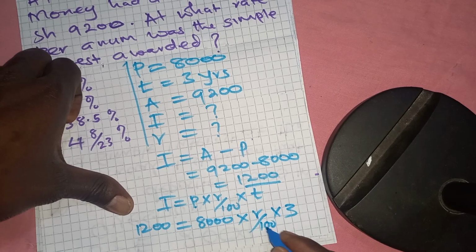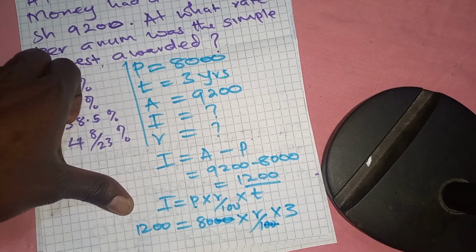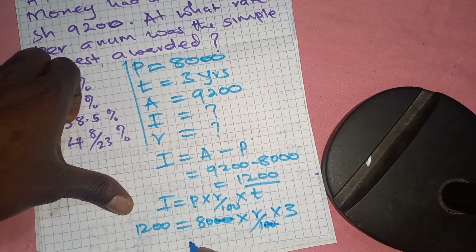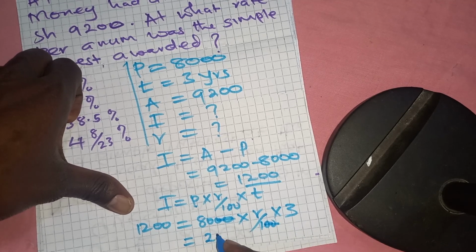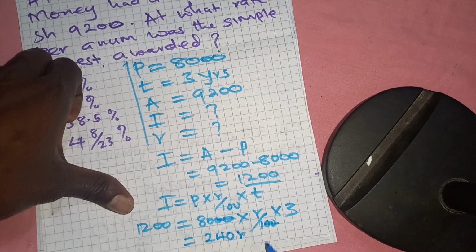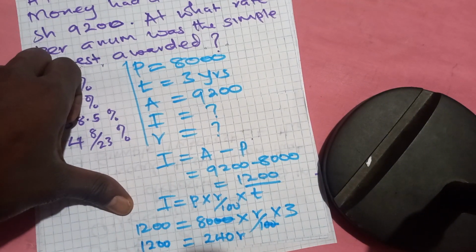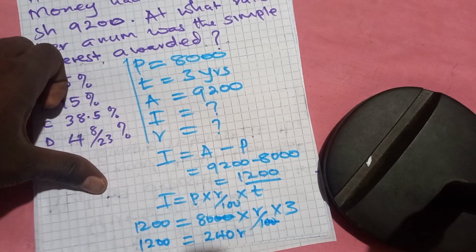Okay, we can simplify the zeros. So you have 80 times 3, you get 240 r, where r is rate, equals 12,000. Okay, we move on.